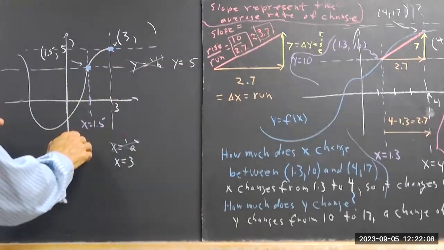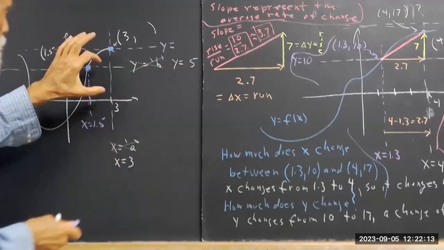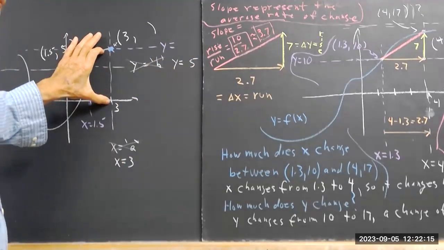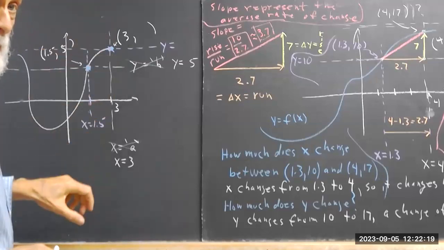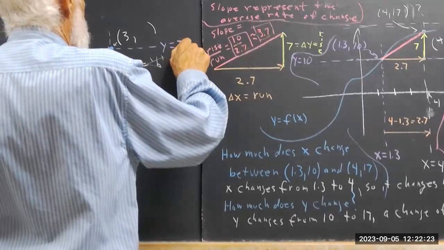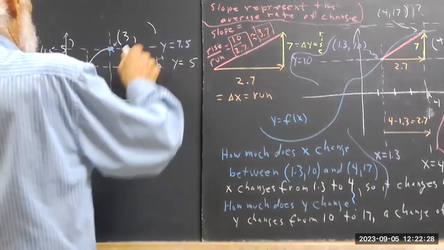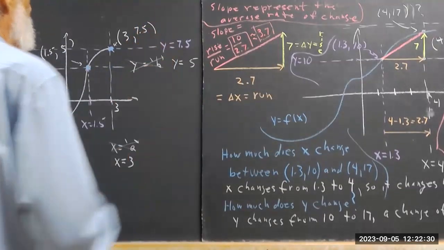It's not a bad thing to write this. This is the line y equals 1. This is 5. How big is this? Is it 10? No, it's less than 10 because 10 would be way up here. Okay, so I'm going to say y equals 7.5. Since I got a decimal here, that's okay. Okay, so put 7.5 here.